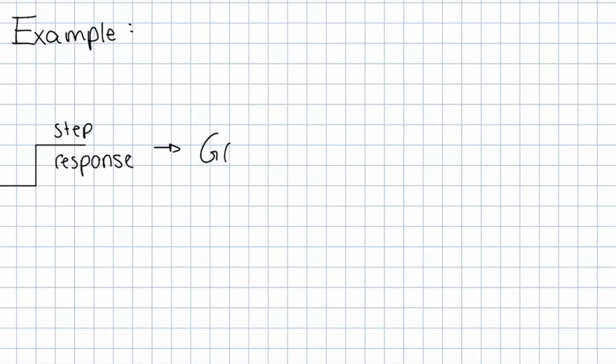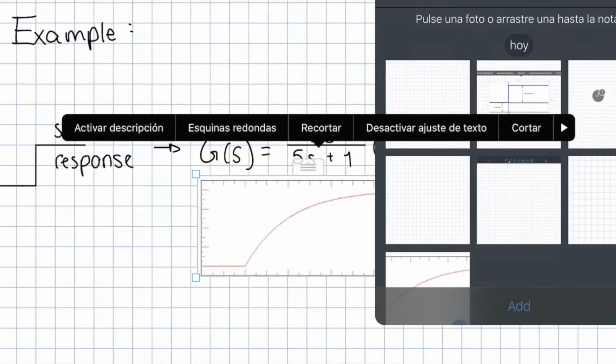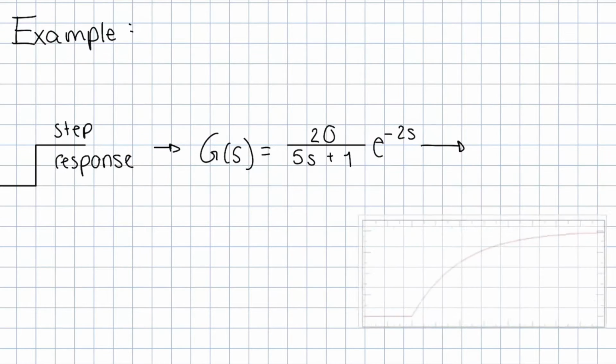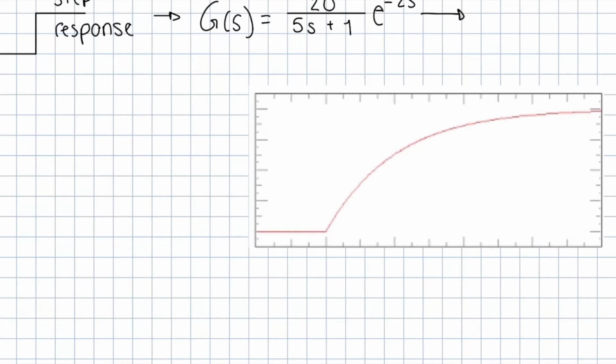First of all, as I already mentioned, we have the step response followed by the transfer function. In this case, my transfer function is going to be 20 divided by 5s plus 1. And our delay time is going to be 2 seconds. So if we put these values in the graphic, it will show as the following. As I said, our delay time is going to be 2 seconds.